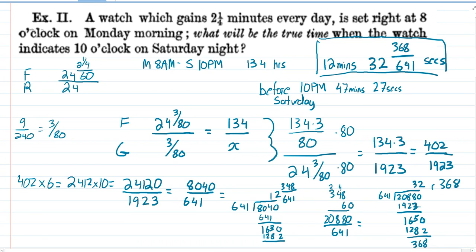And this is going to be, so 641, I'm going to do the difference, okay? Minus 368, so I get 273 out of 641, right?